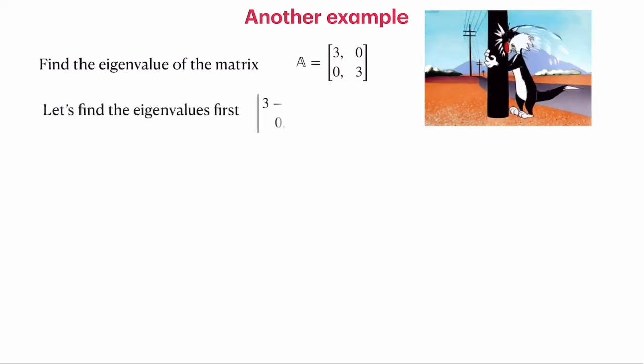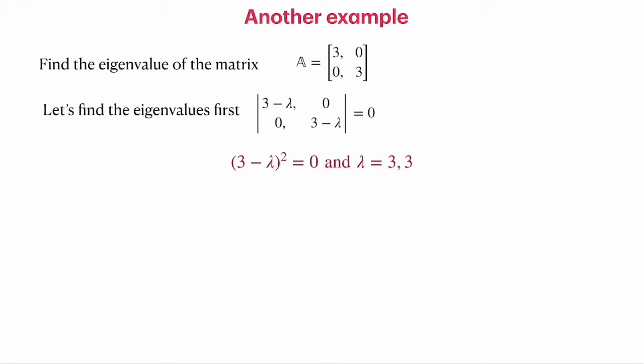Let's find the eigenvalues of this matrix from the characteristic equation. What we get is 3 minus lambda, 0, 0, 3 minus lambda equal to 0. That means 3 minus lambda square is equal to 0. Again, we get lambda equal to 3 and 3, that is repeated eigenvalues.